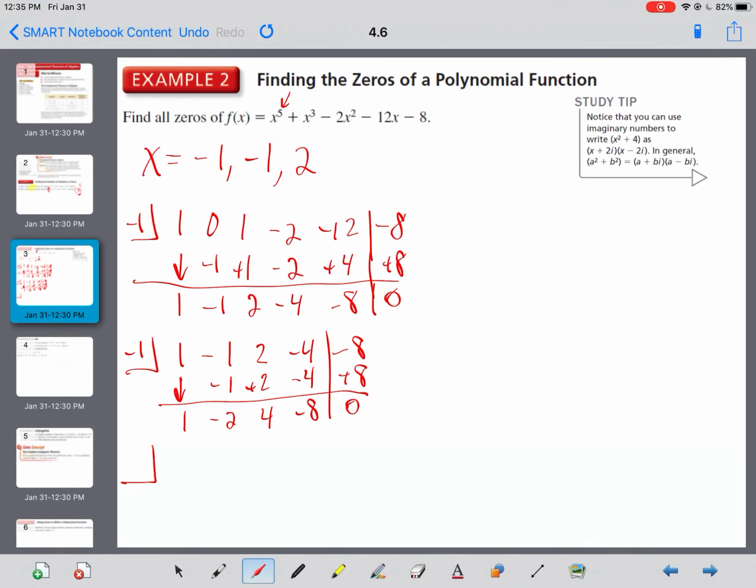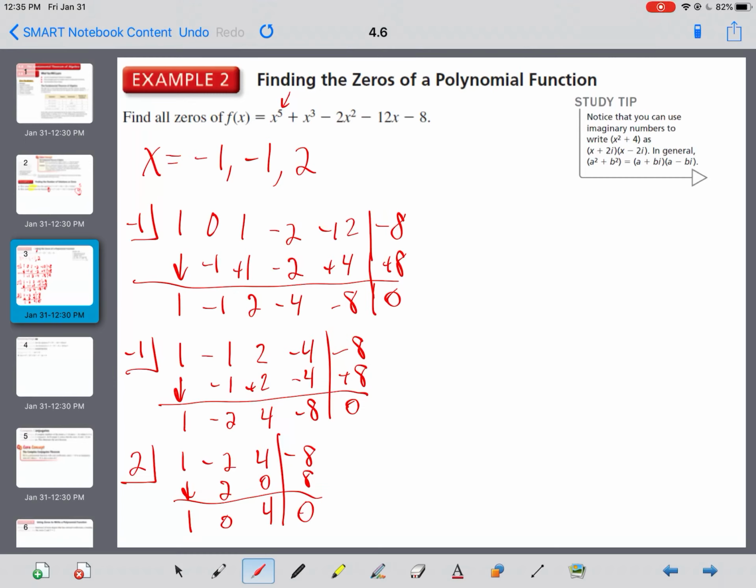Now we're going to use the 2. And we're using exactly what we see because we're already out of the parentheses. And I'm just going to use those same numbers I just created. -2, 4, -8. Let's separate, drop it down. 1 gives me 2. 0 gives me 0. 4 gives me 4. 2 times 4 is 8, gives me 0.